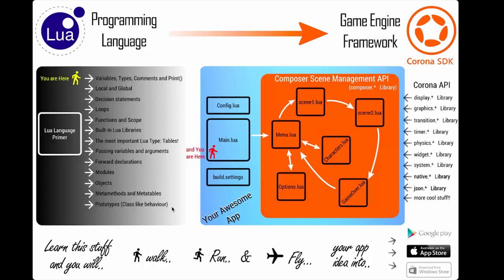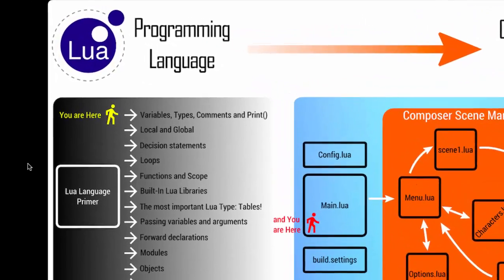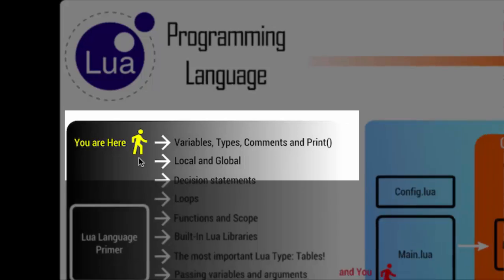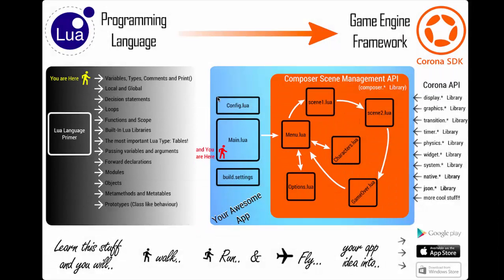And at the start of every lesson, as you can see, there's this sort of small little character up in the left-hand corner. It'll show you what we're going to cover during that lesson, and also sort of how it fits into the application development. Yeah, so this sort of overview map looks pretty intimidating at the start, but once you see it, and we break it down into sort of bite-sized lessons, you'll be able to see how everything fits together.